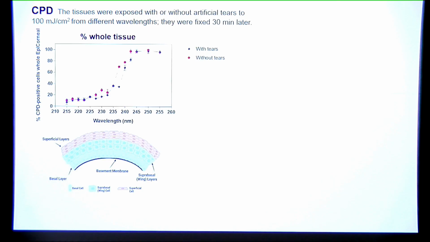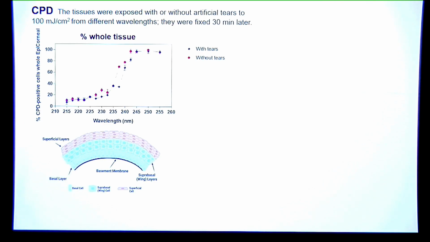You see here the layers of tissues, what we can call superficial, and then the wing layers, and then the basal. So what I'm illustrating here is the percentage of CPDs counted in the total. And then we did this experiment with or without tears.